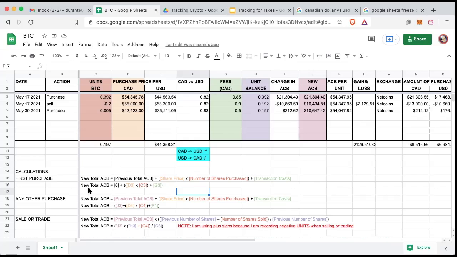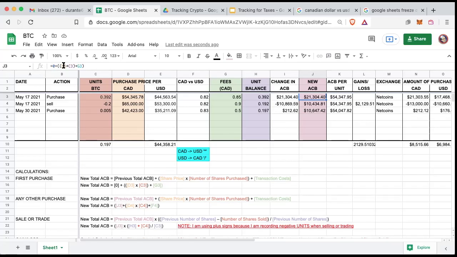So the new total ACB is equal to 0 plus bracket bracket, whatever's in D3 multiplied by C3, we close the bracket, plus whatever's in G3 and close the bracket. And that's what we have up here.